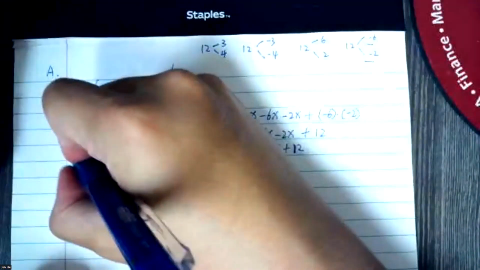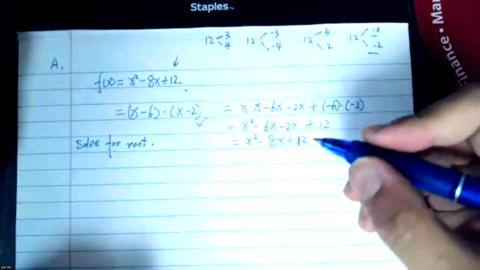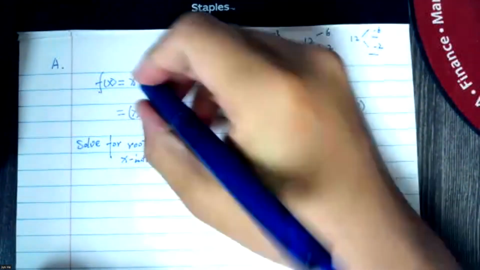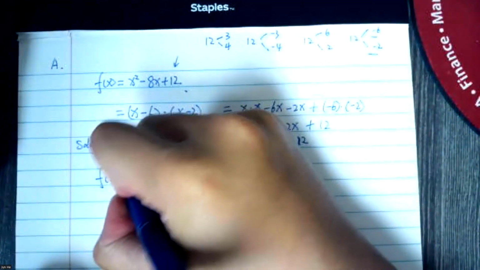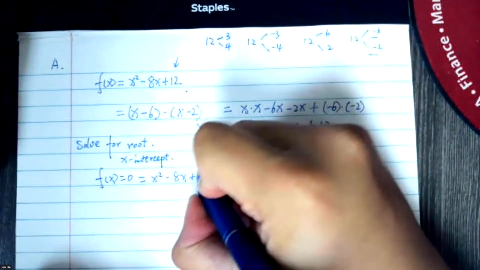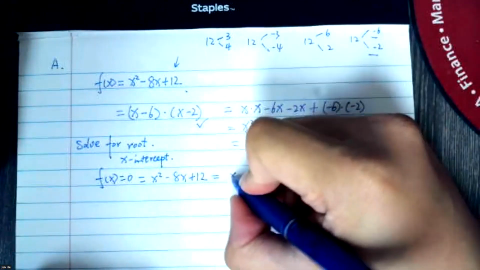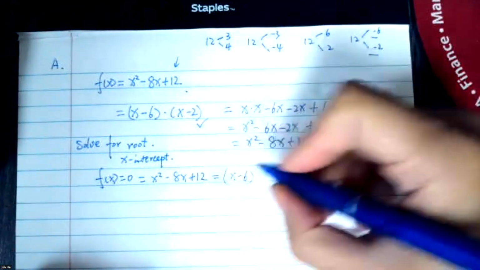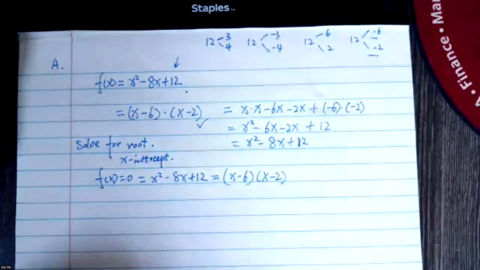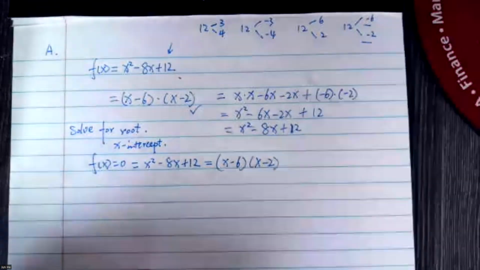And here we are to solve for a root or x-intercept, in which case f(x) equals 0. That is x squared minus 8x plus 12 equals 0, and we have already expanded it into the multiplication, which is (x minus 6) times (x minus 2).